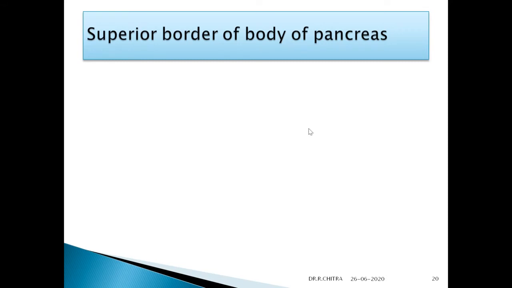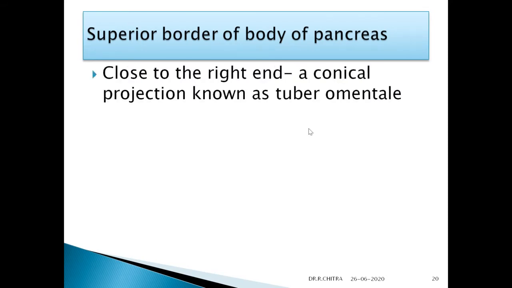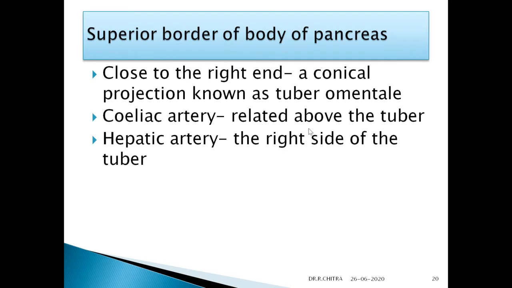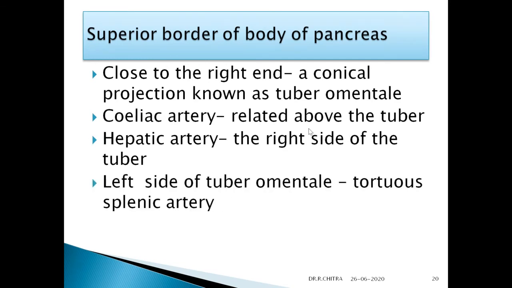Now superior border of the body of the pancreas. We have learned one artery runs along the superior border of the body of the pancreas in the celiac trunk class. What is that artery which runs to reach the spleen? Splenic artery. Yes, to the left side of the tuber omentale, the tortuous splenic artery. So what is this tuber omentale?